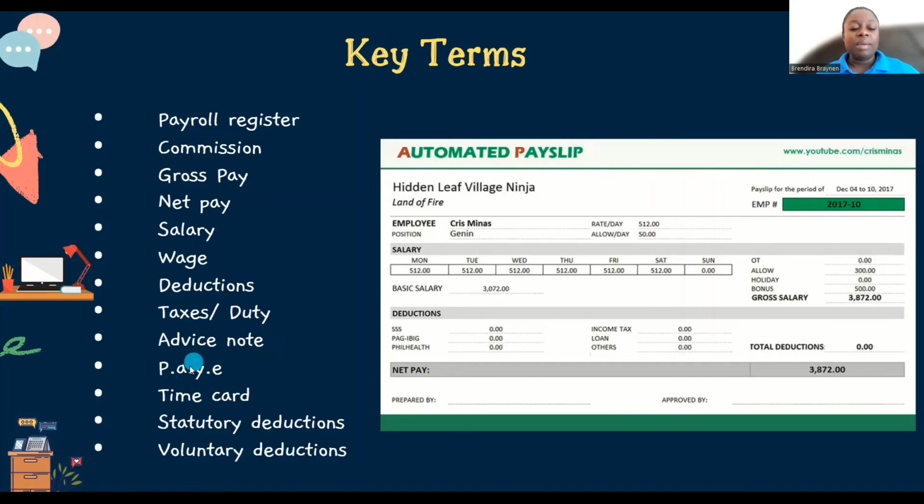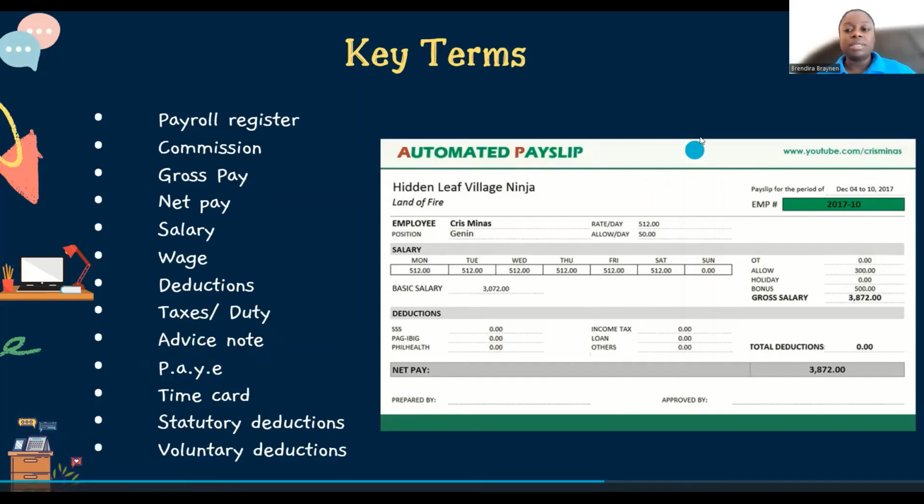We have PAYE, pay as you earn, which if you ever see that, just means that persons are paid based on how much they earn ultimately. Time cards give you an idea of how many hours a person works. So it's used to determine the amount of hours worked in order to calculate the pay of the individual.